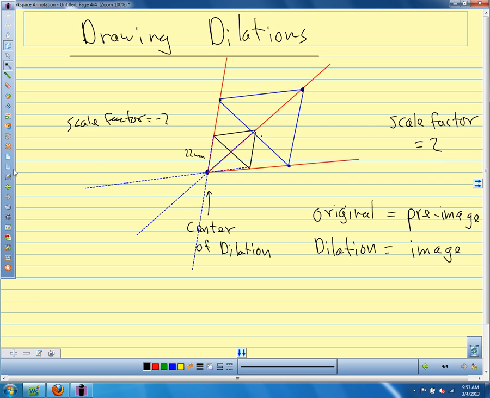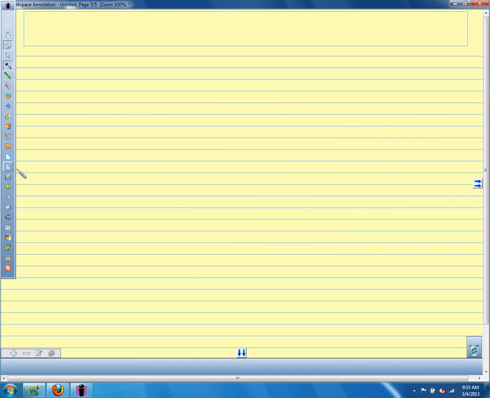Okay, one last thing, and then we're done for today. So let's say we have a pre-image here. So this is my pre-image. It's just a segment. And here's my center of dilation.